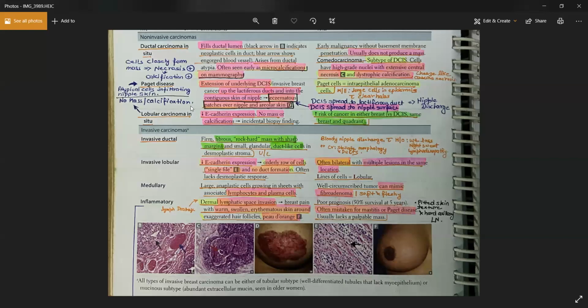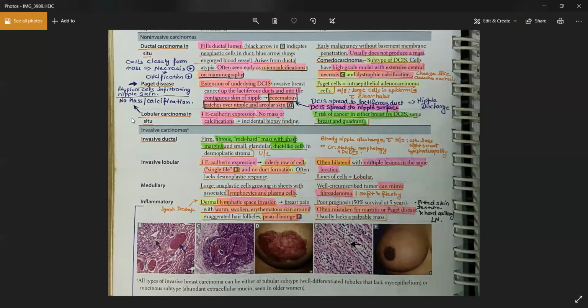So the special feature of this cancer is that they lose E-cadherin, and as a result, they don't form any mass and can go anywhere inside the tissue. They can even involve the contralateral breast, so most of the time it could be a bilateral cancer.